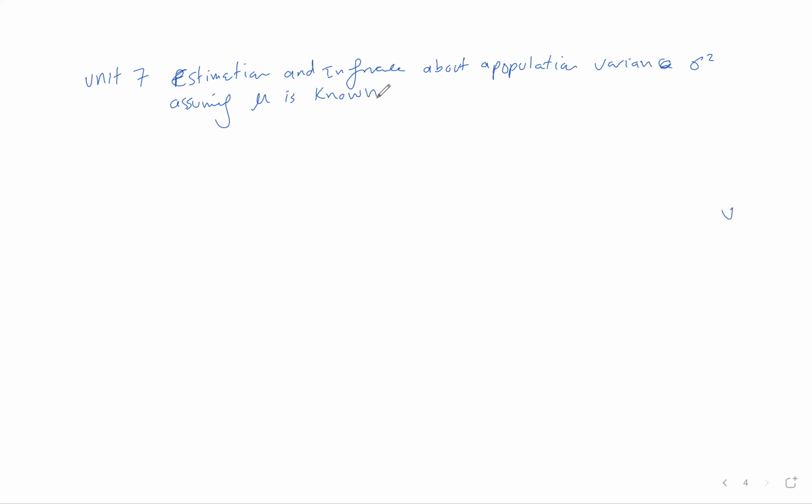So the idea of this unit is, let's select a random sample from some population.